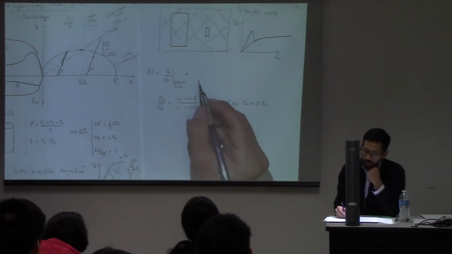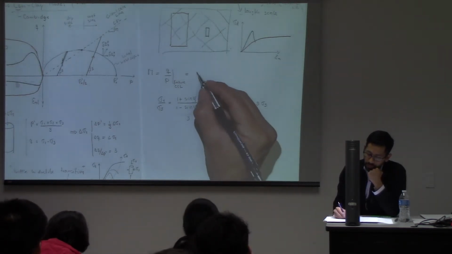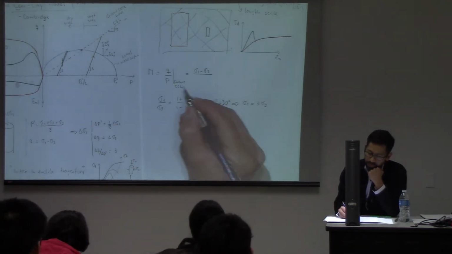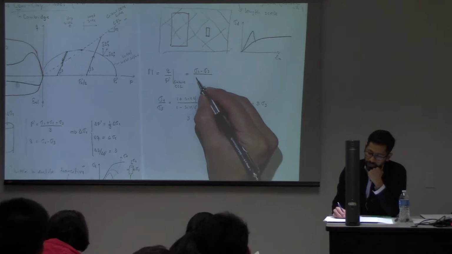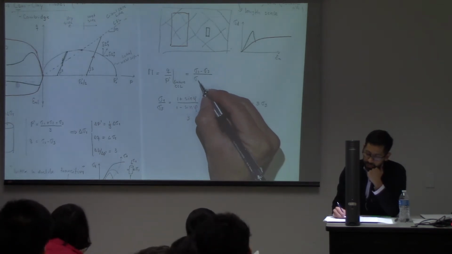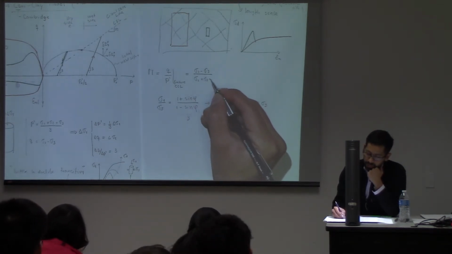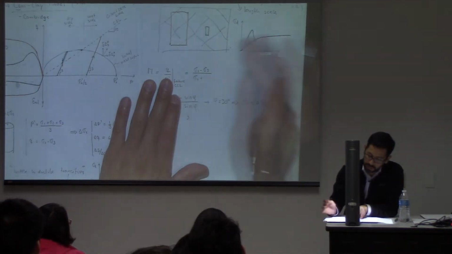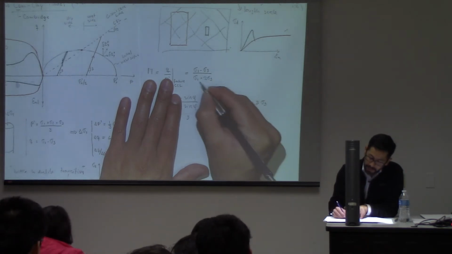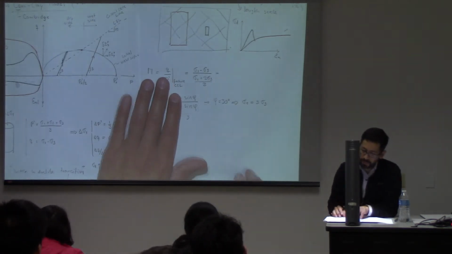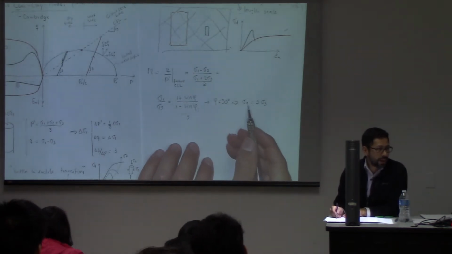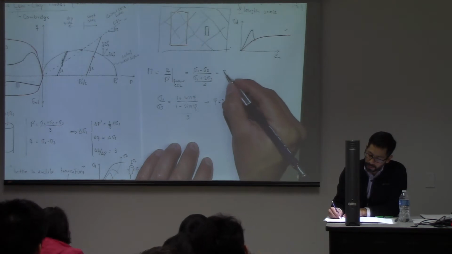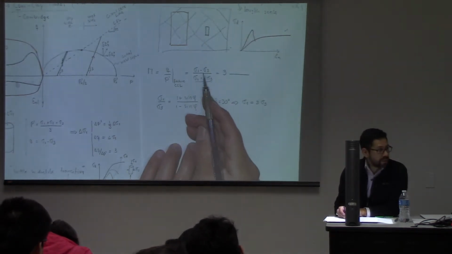So at failure, what is going to be Q? By definition, we know Q is sigma 1 minus sigma 3, right? And what is P? Sigma 1 plus 2 sigma 3, let's do as you said, plus 2 sigma 3 divided by 3, right? So if at failure I have sigma 1 is 3 sigma 3, then let's move this 3 over here to the top. How much is going to be this?